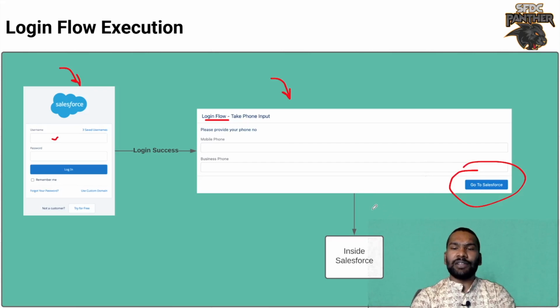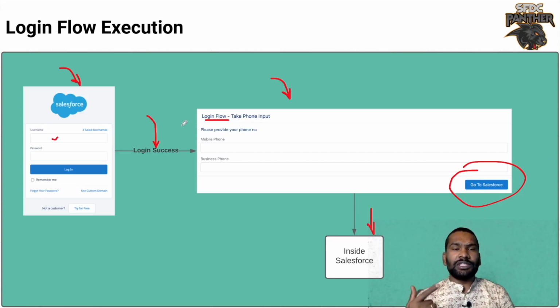If this is correct, then only can they go to Salesforce. So that is how it works. You need to make sure that the login flow will always work when the login is a success. If the login is not a success, the login flow will not work.